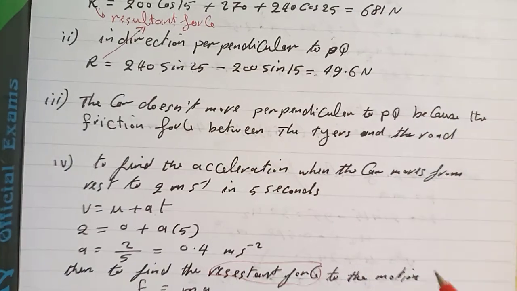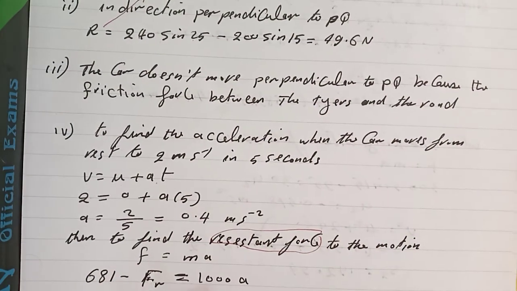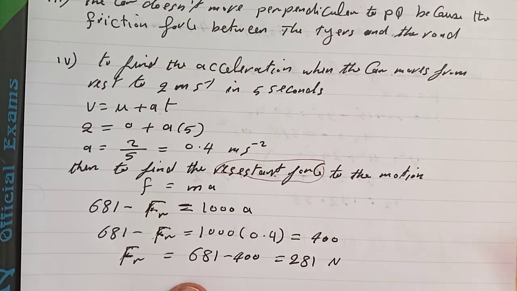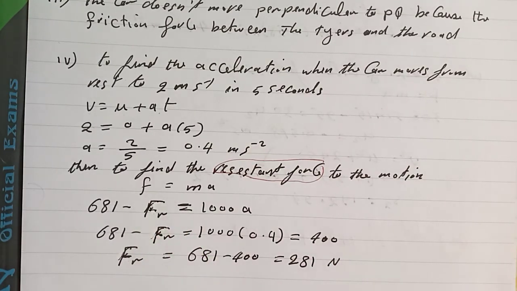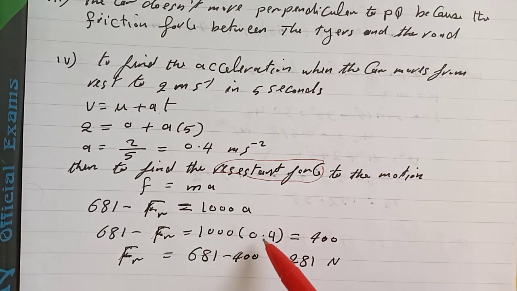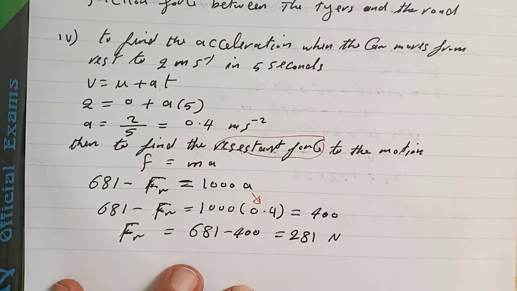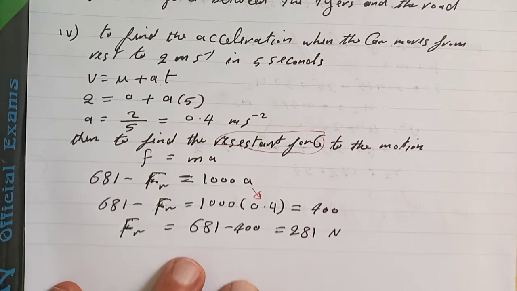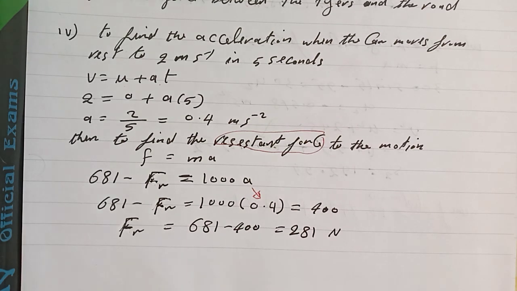Means 681, the total force in the direction of PQ, minus FR, F resistance, equals MA, 1000 times A, acceleration. And since the acceleration is 0.4, I can get the F resistance, which is 281. Thank you.